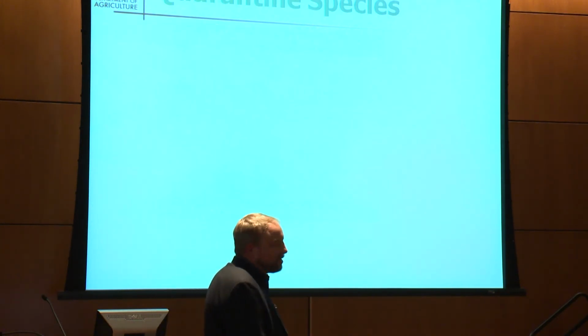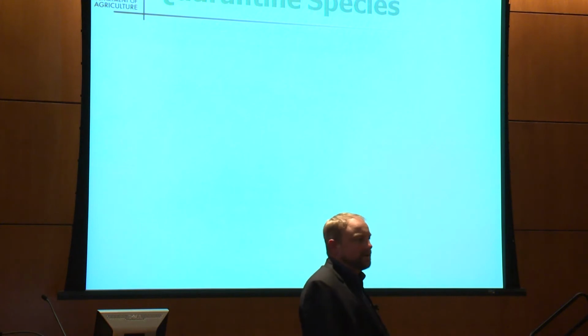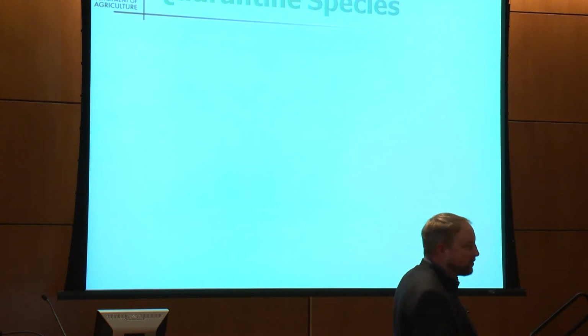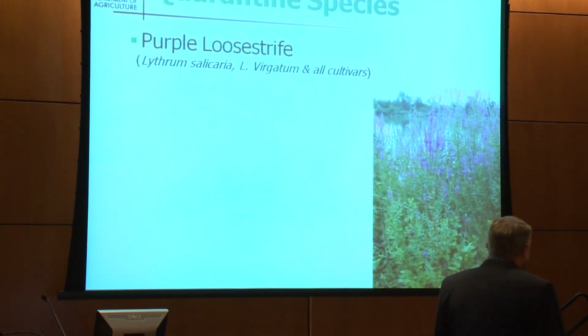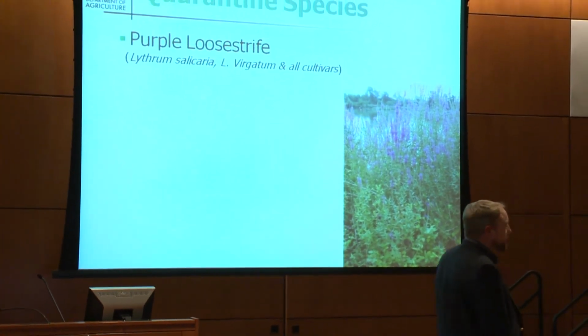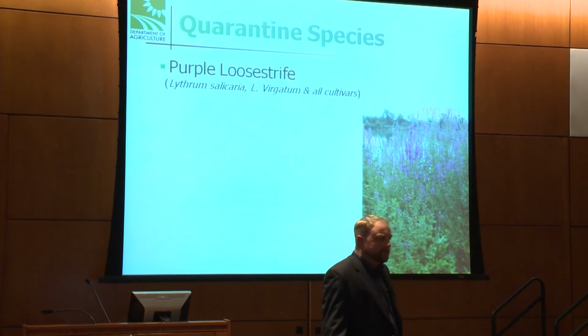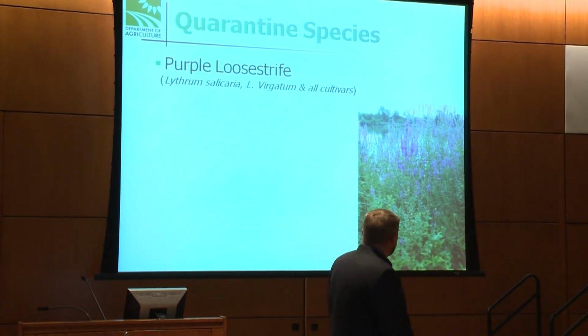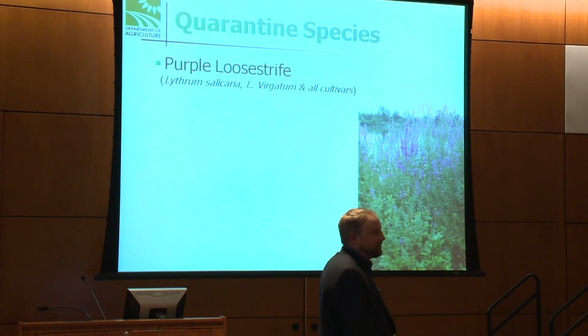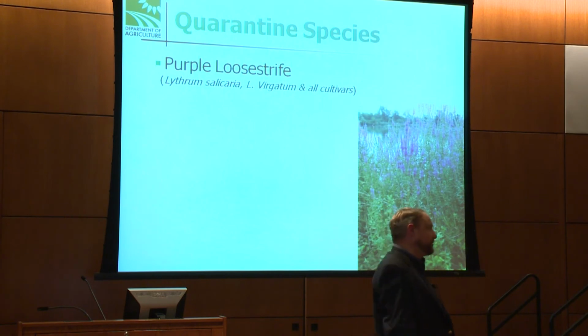And we have what we call quarantine species. It's in our plant pest law rather than our weed law. Purple loosestrife, again, can take over aquatic areas, riparian areas, crowding out not only other vegetation, but eliminating wildlife habitat along the banks, as well as recreational habitat.